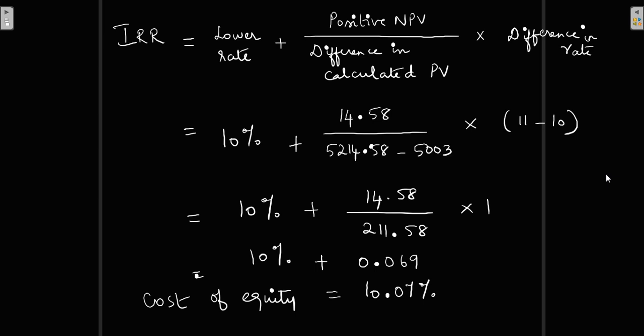Positive NPV: as soon as we get the positive NPV, we stop iterating, so that last positive value, you take 14.58, and you find the difference between the calculated present values. And you multiply it by the difference in rate. Since we have only two iterations, 11 minus 10. Therefore, the cost of equity is 10.07%.